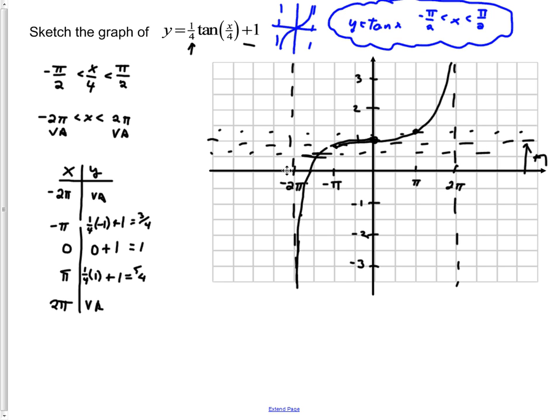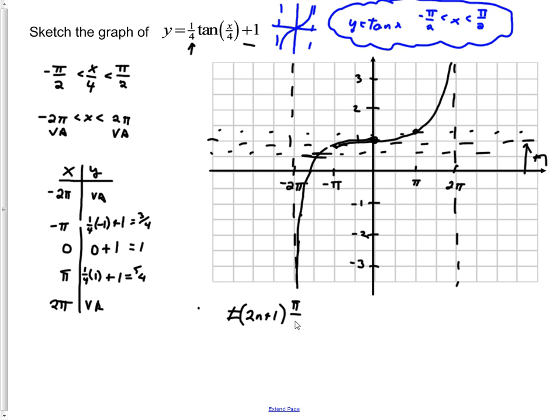So we can use these facts to help us get a good graph of something like a tangent, of something like a cotangent. We might want to know something about the domain. We would note right here that tangent of x normally would not equal odd multiples. Remember this, odd multiples of, or 2n plus 1 multiples of pi/2, right?